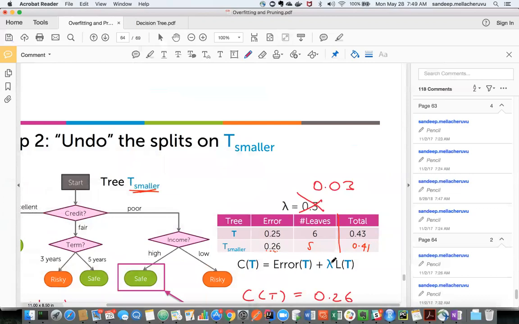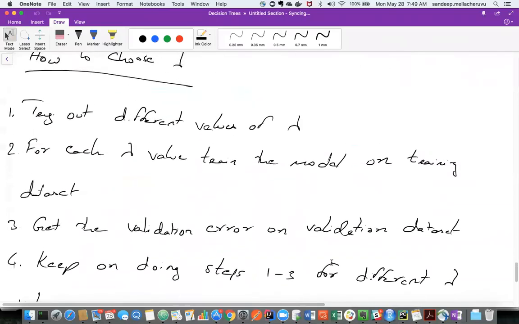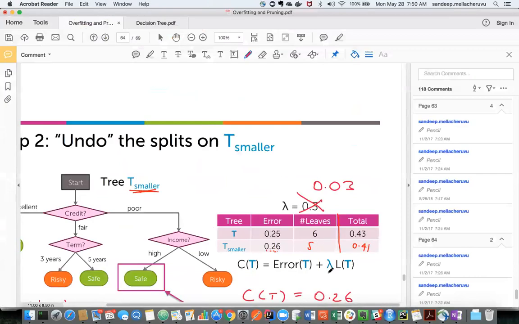So we're keeping the lambda constant. Yes, for now let's assume that lambda is constant. Let's assume that we picked one lambda. If you go back and see your algorithm for choosing the lambda, you choose one lambda and do the training. Now what we are doing is still training.